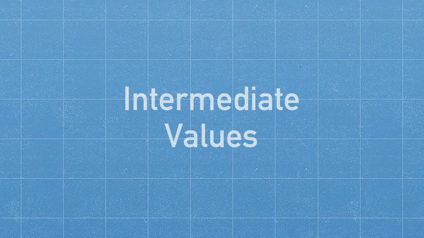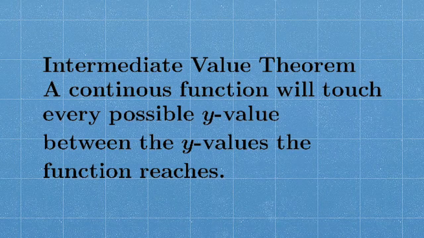Between the 2 points on the graph, there are many intermediate values. These are y values on the graph of the function. The intermediate value theorem states that for any continuous function, which a polynomial is, the function will touch every possible y value between the y values which the function achieves.